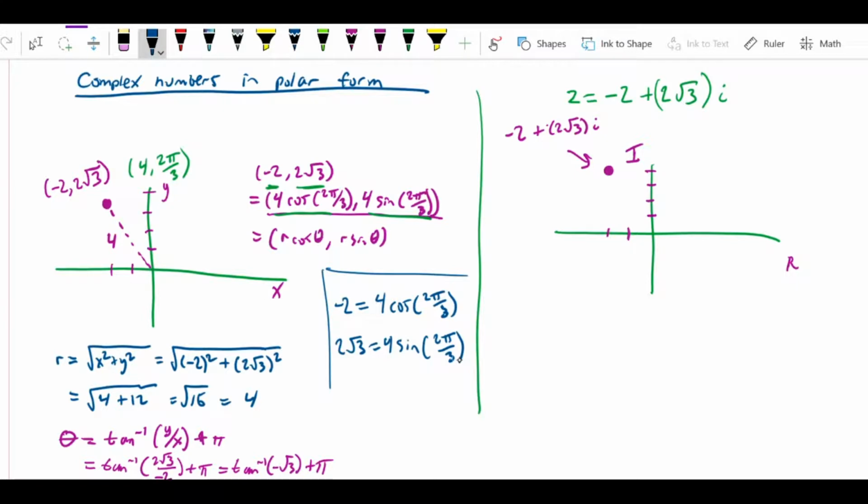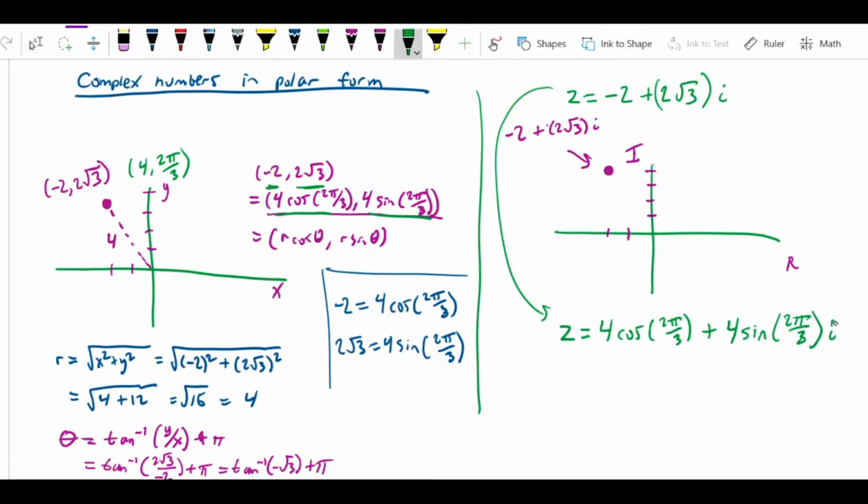that means I can rewrite this number as z equals 4 cosine 2 pi over 3 plus 4 sine of 2 pi over 3 i, where this is a and this is b. First of all, what this demonstrates is that I should be able to describe a point in the complex plane by the pair r and theta, just the same as I can for a point in the Cartesian plane, since it's really the same plane.